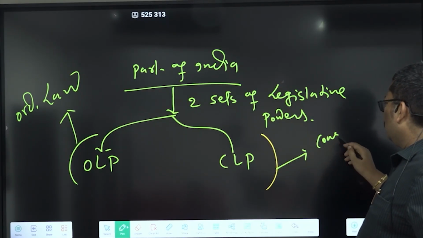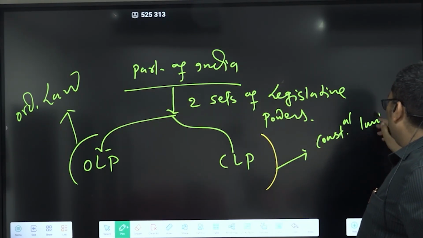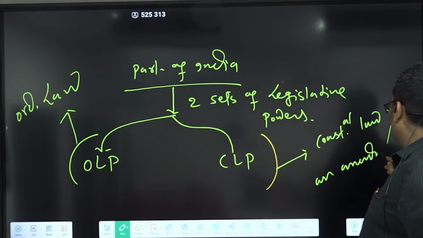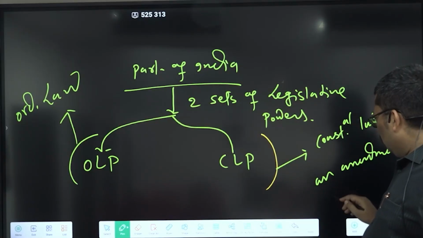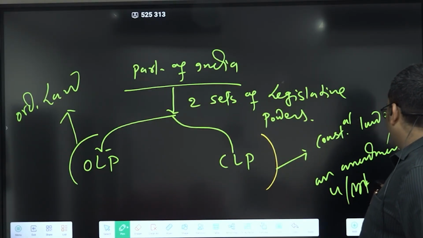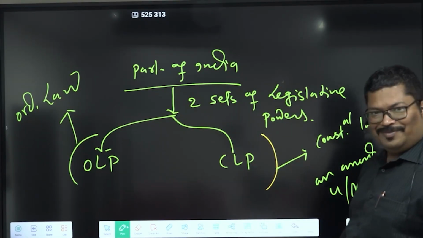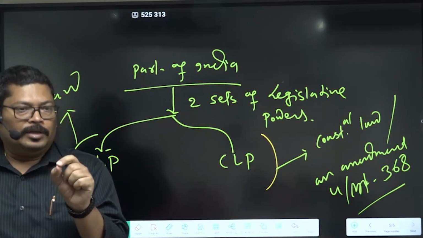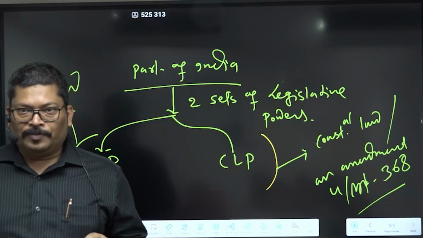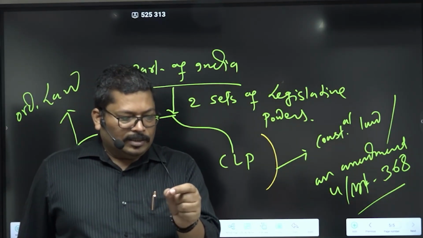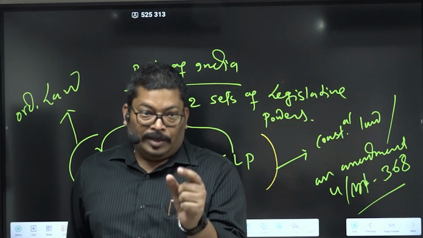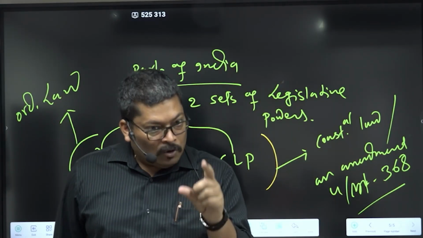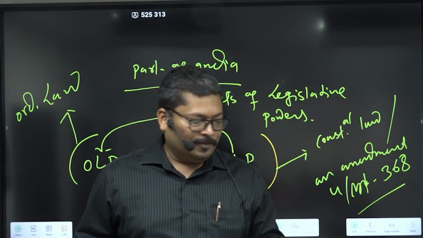You can call it either constitutional law or an amendment under Article 368. This is called constitutional amendment. So remember, constitutional amendment is a formal terminology. So whenever it says yes, this is going to be a constitutional amendment, it means the Parliament is going to enjoy its constituent legislative jurisdiction.